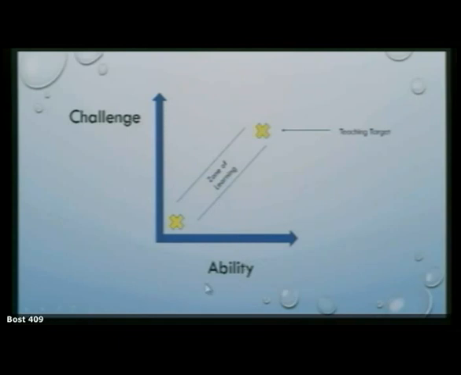Now let's look at what happens when it is not within the zone of learning. A challenge that is greater than the ability results in boredom and also frustration at times.